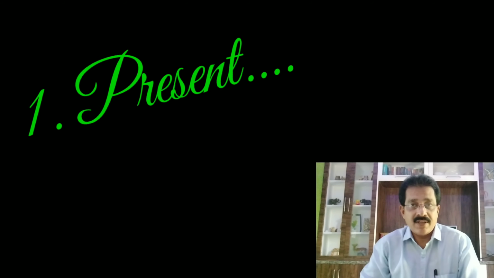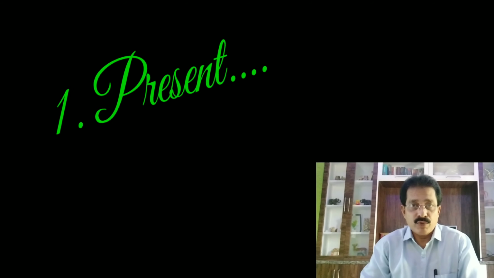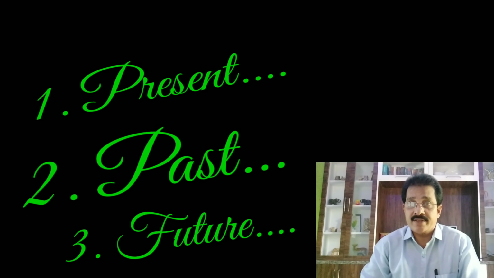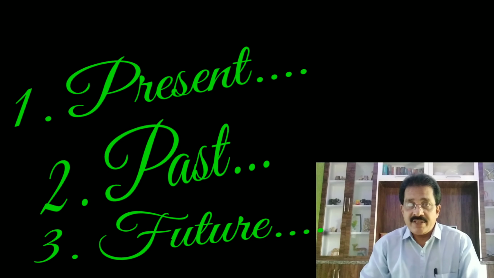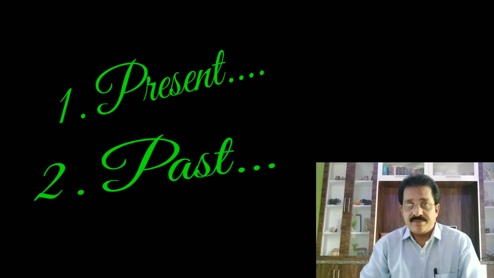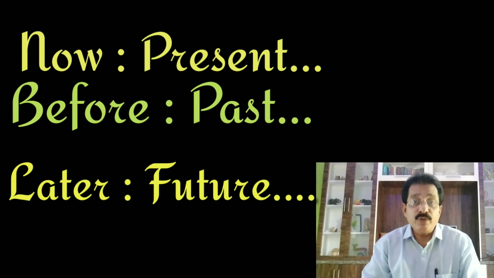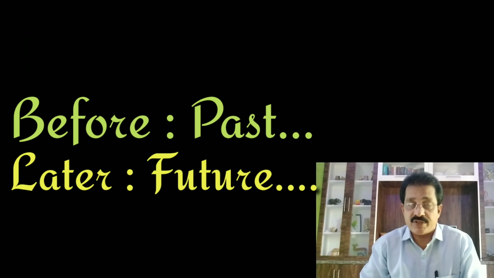Number 1, present tense. 2, past tense. 3, future tense. Whatever is done now is present tense. Whatever is done in the past is past tense. Whatever we are going to do is future tense.